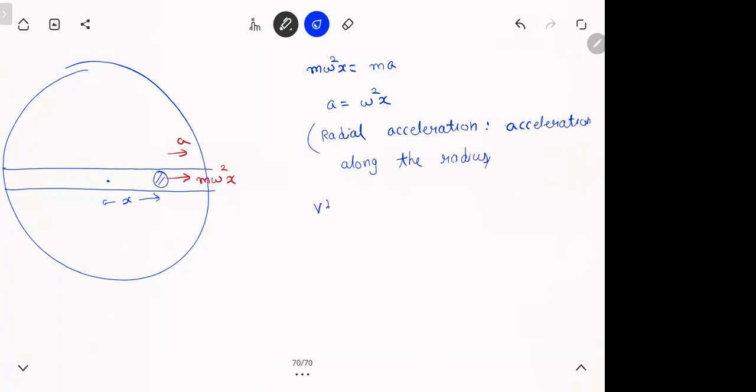So I know a is what? v dv by dx is equal to omega square x. So v dv is equal to omega square x dx.